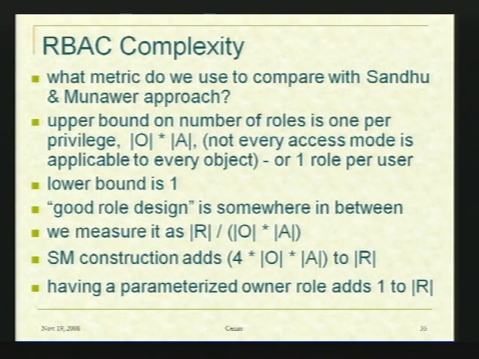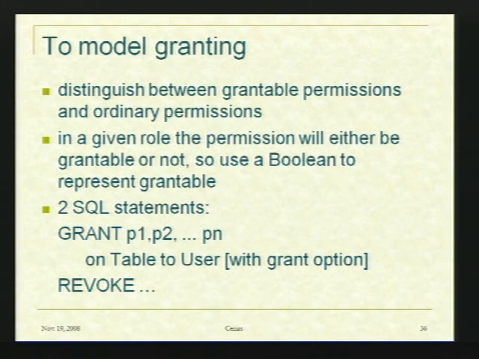And this is still a controversial area that we were discussing last year at SACMAT. So we've decided to measure the number of roles we end up with divided by the number of permissions or privileges. So the original Sandhu and Munawar construction for general liberal DAC actually adds 4 roles for every permission, which is huge. Okay? Having parameterized owner roles adds 1. So we've got a huge improvement there.